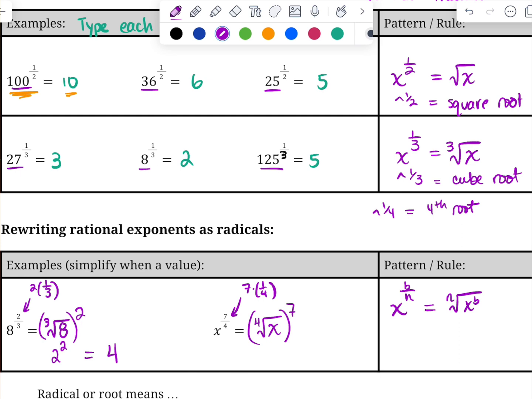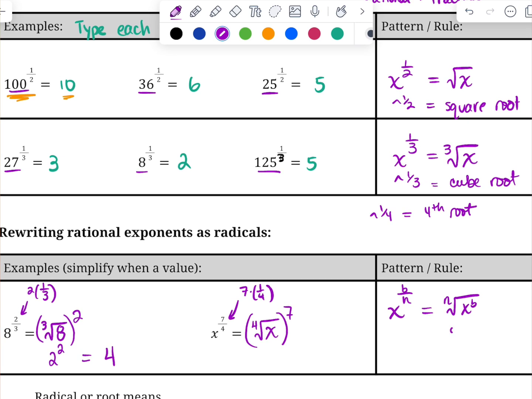Now that can either be inside the root, or it can be the nth root of that value, and then b can go on the outside. It really doesn't matter. So we could have also rewritten this answer here as the 4th root of x to the 7th power and had the 7 inside the radical. Really doesn't make a big difference in general, but it can make a difference when you go to evaluate, when you go to simplify something.